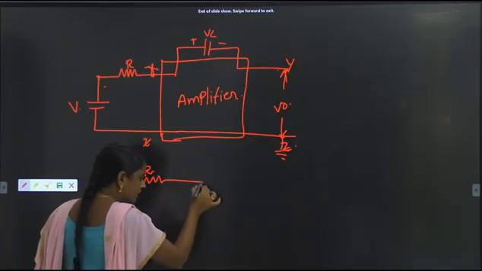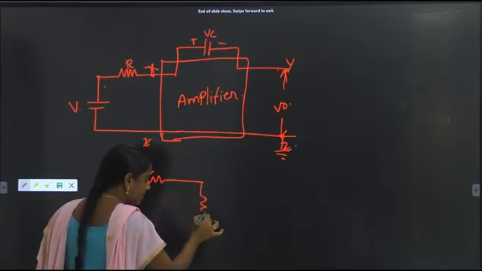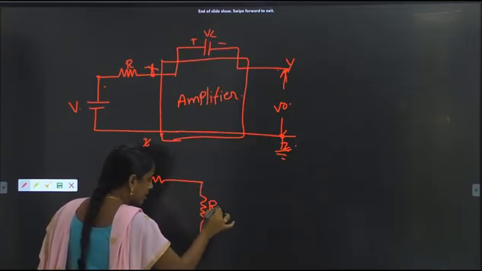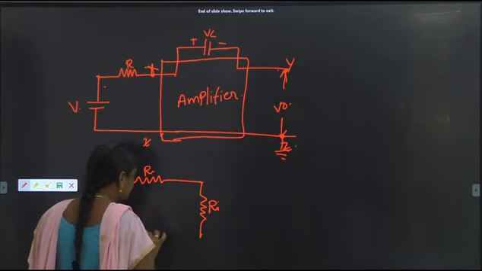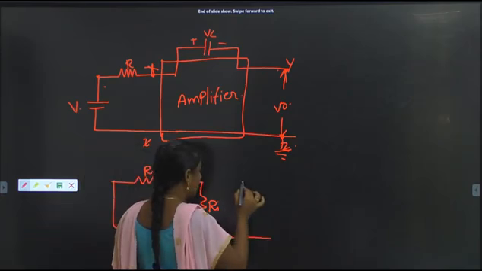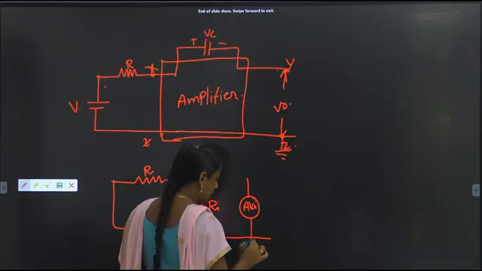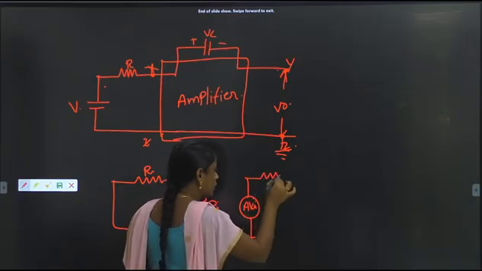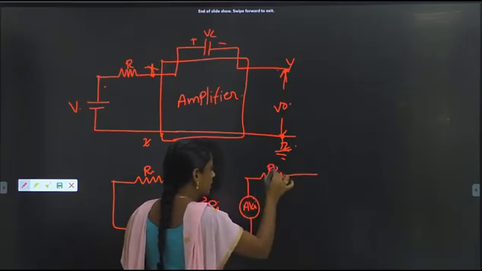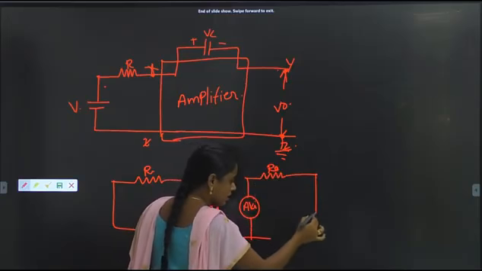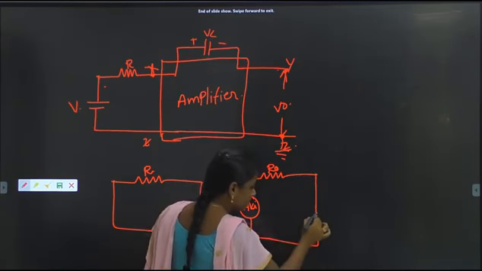And this one will be connected to the resistance Ri, and after that here I am connecting a Vi, that is A V0, and this one is connected to R0, that is the output impedance, and this one is YZ.